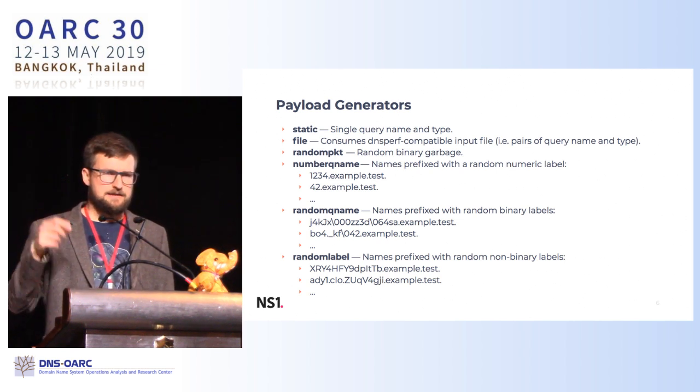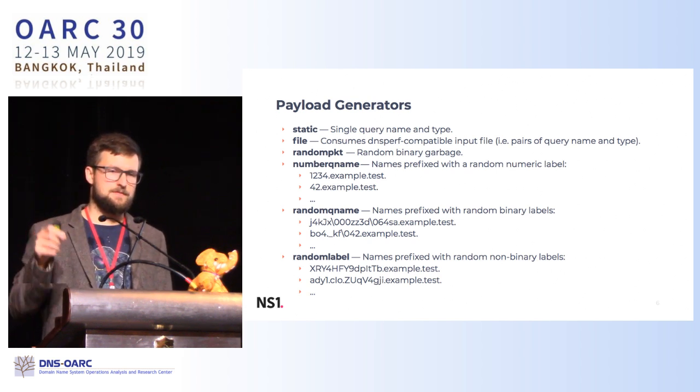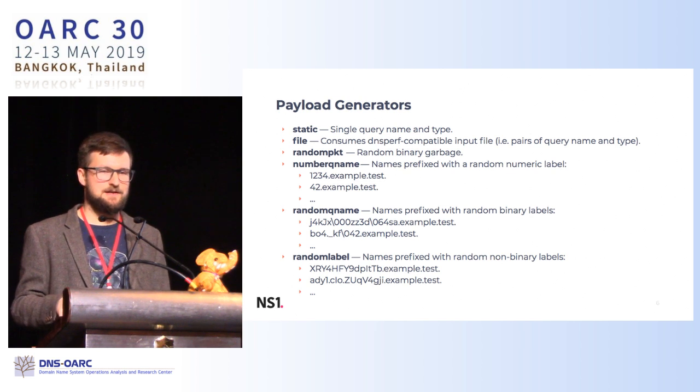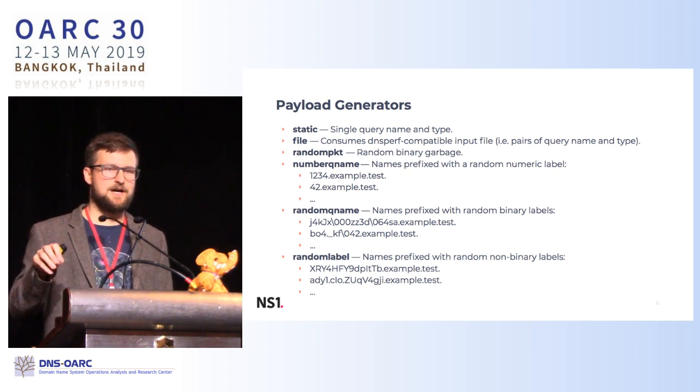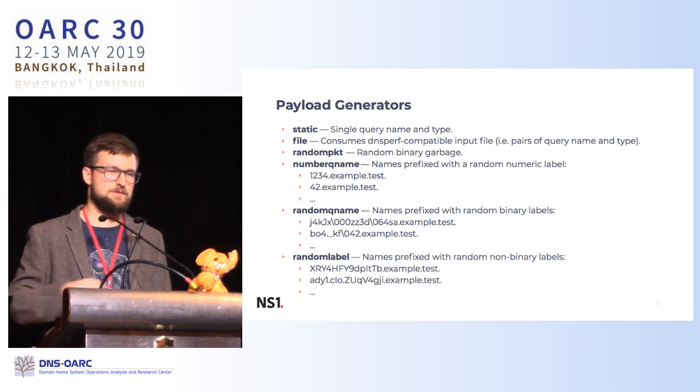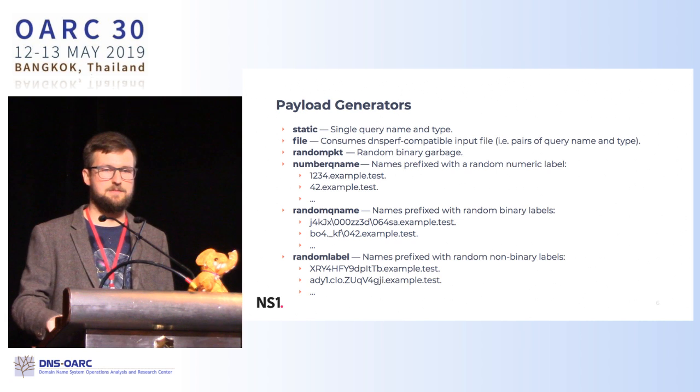Similar to that is random QName. I'm actually skipping one. So random QName generates valid DNS queries, but puts random binary garbage into the domain names. You define the record name and record type, and this generator just prepends some labels that contain random characters.